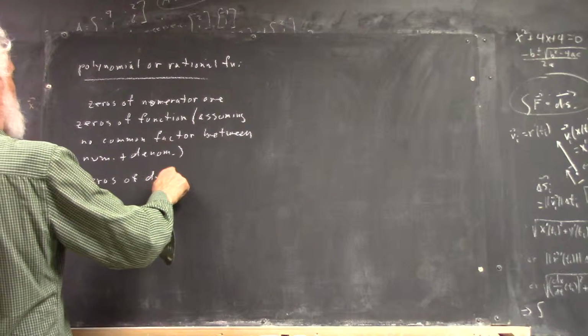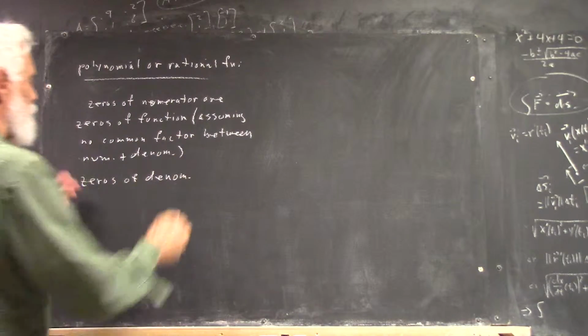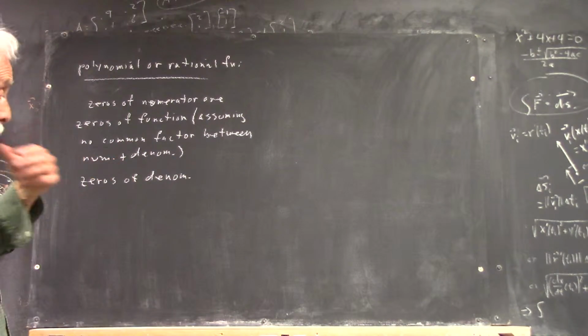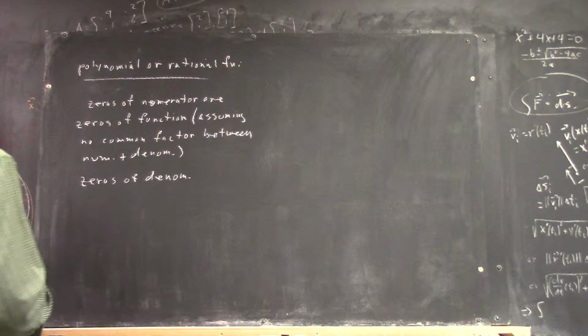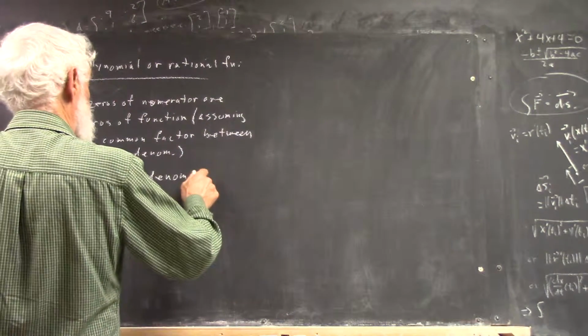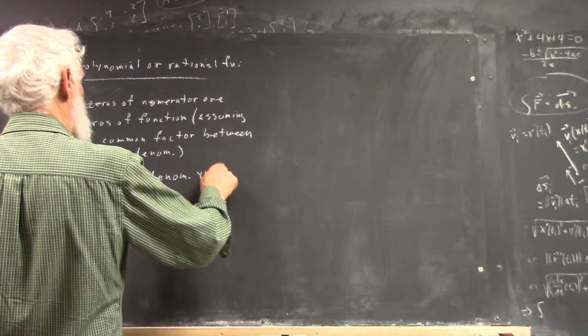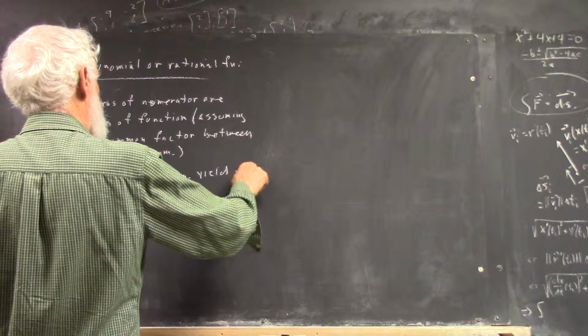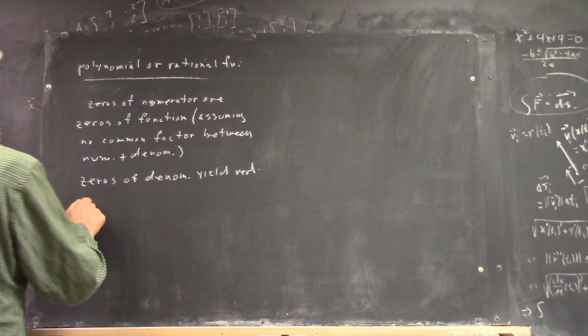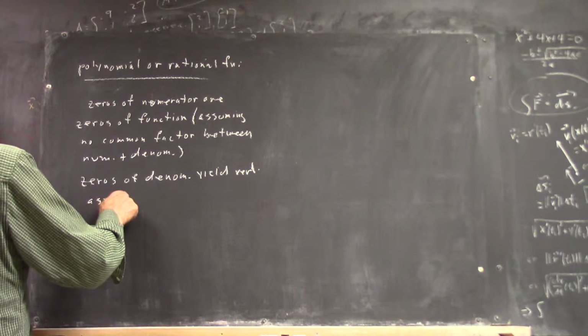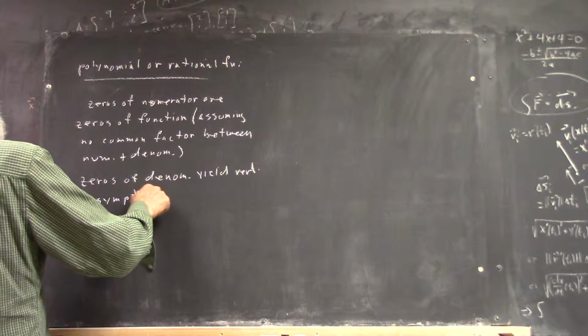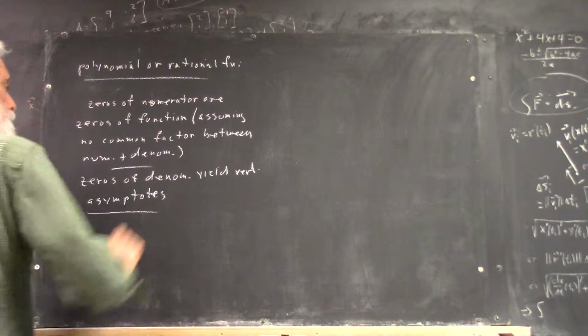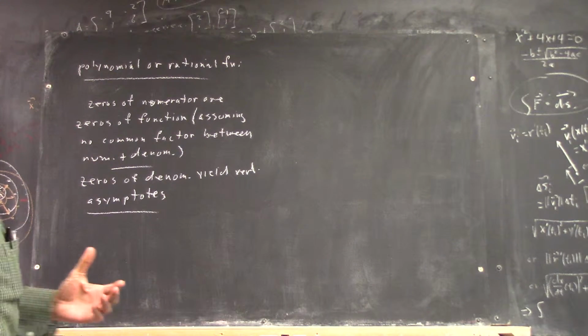Zeros of the denominator, making the same assumption, there are no common factors between the numerator and denominator. The zeros of the denominator yield vertical asymptotes.